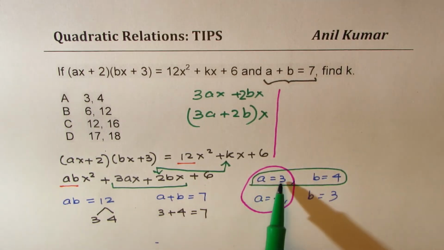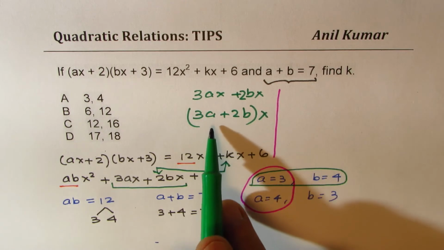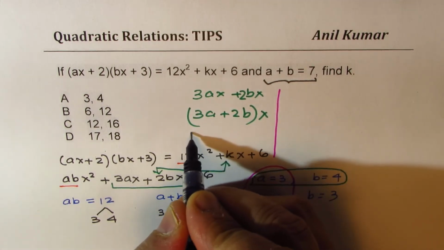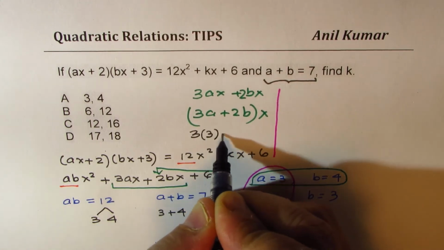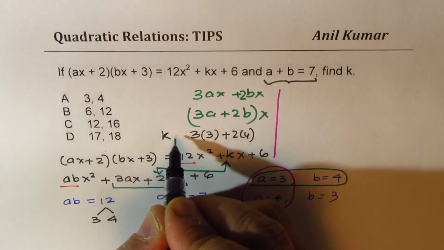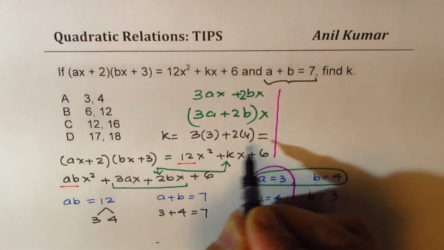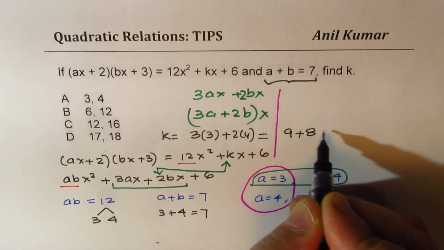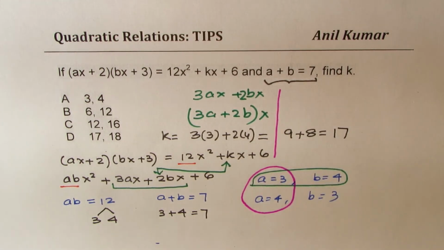So if I take a equals 3 and b equals 4, what do I get? I get 3 times 3 plus 2 times 4, which becomes the value of k. 3 times 3 is 9 plus 4 times 2 is 8, and that gives you 17.